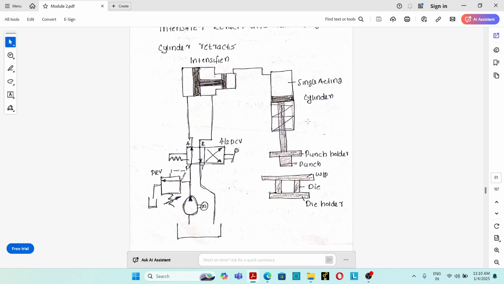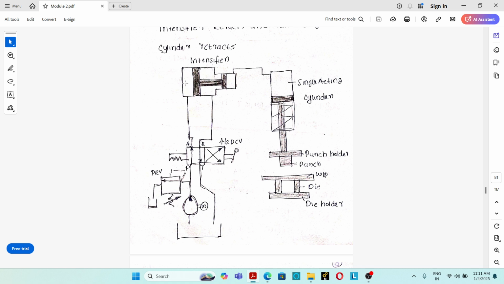Okay. So during the working, initially port P is connected to A and B is connected to T. So the hydraulic oil from the pump flows through port P to A, and flows to the low pressure chamber.